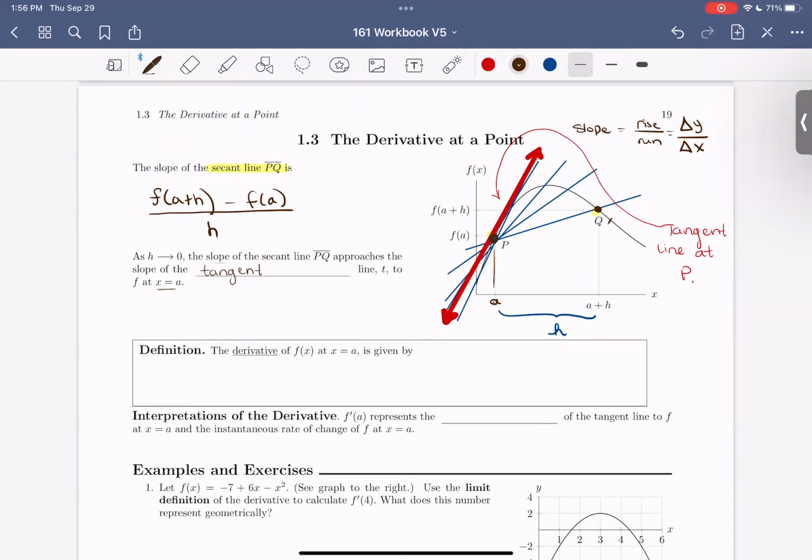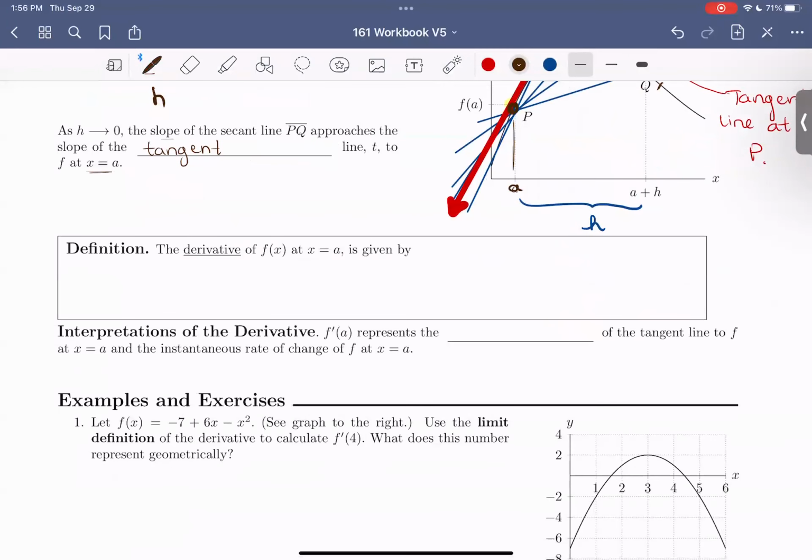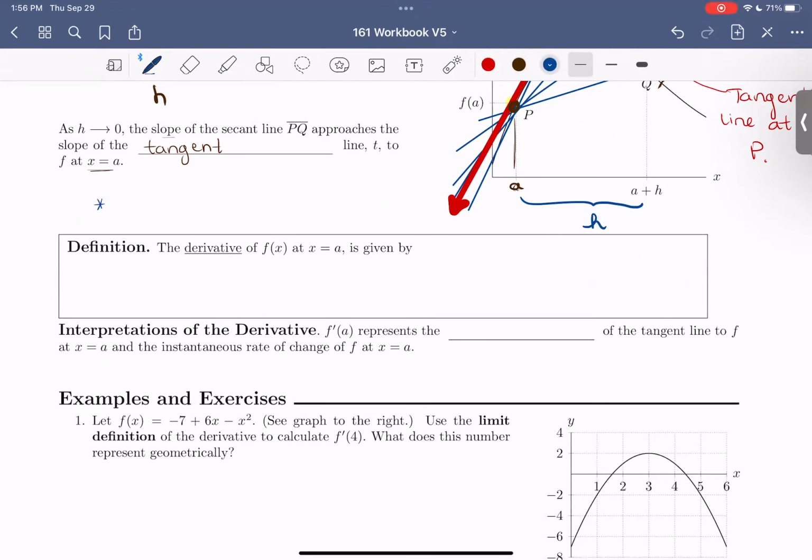So now let's look at the definition of the derivative. Well, we've sort of danced around it a little bit, but the derivative is the slope of that tangent line. And I'm going to write that out separately. So the derivative of f at x equals a, or when x equals a, is the slope of the tangent line at x equals a.